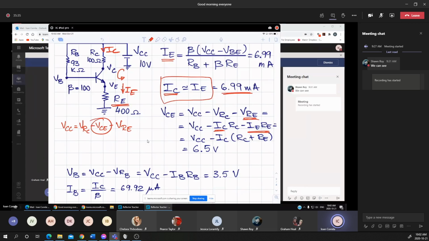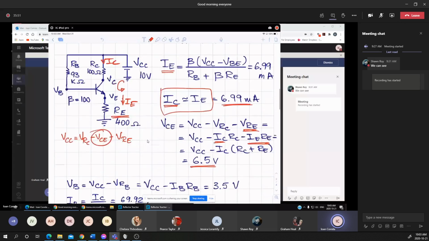Again, the IC and the IE are the same, and that's why I can factor it out, having IC times RC plus RE, which makes the collector emitter voltage 3.5.